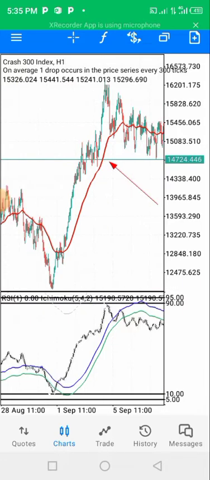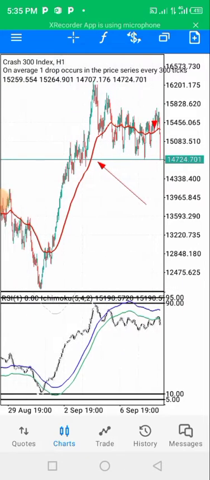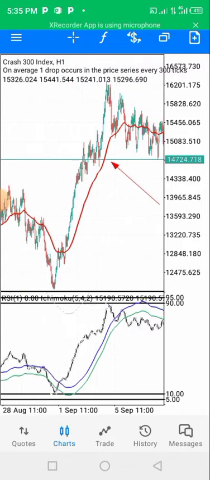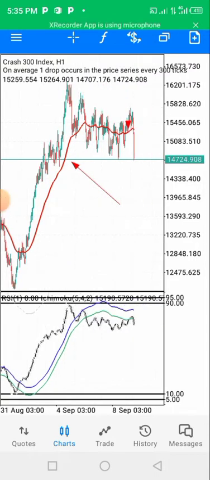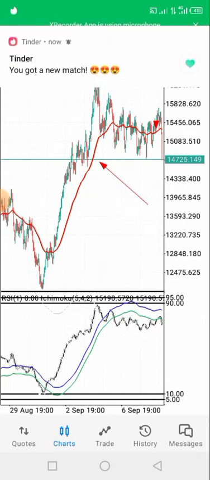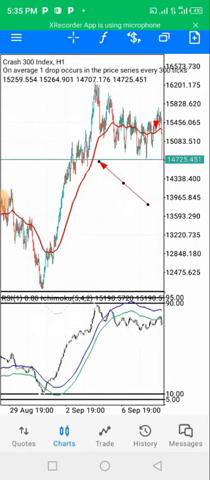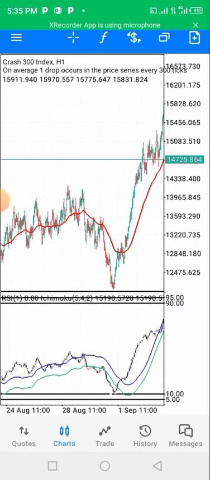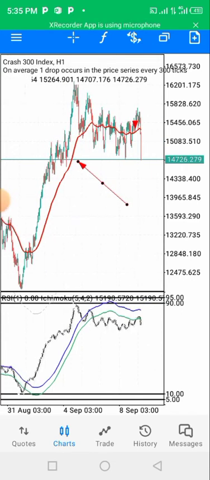As you can see, the market is on an uptrend at the moment. From our indicator here, the moving average is pointing up to this level.